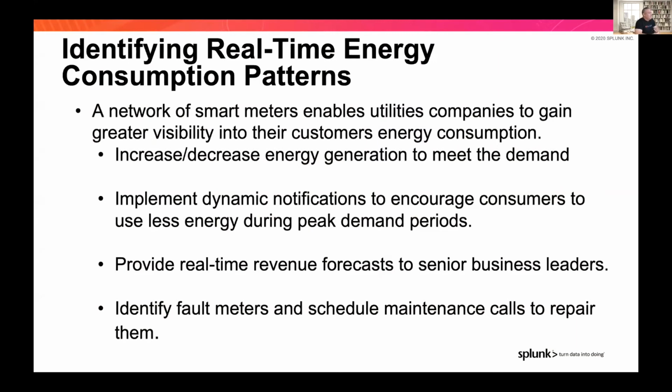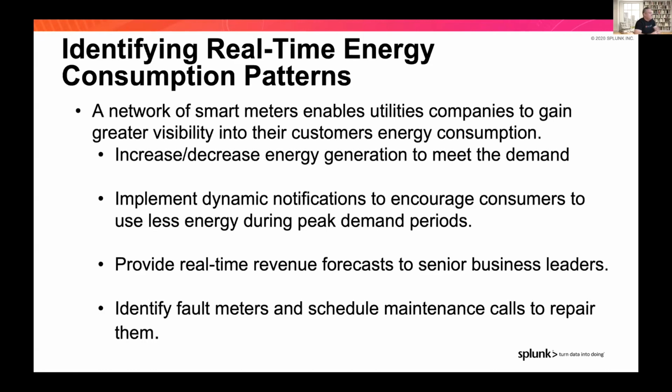There's a network of smart grids that enable utility companies to gain visibility into how their customers are using energy in real time, right? You want to increase and decrease energy generation to meet the demand in real time. If you overproduce energy and it doesn't get consumed, that ends up being a lost cost. If you produce too little, you might have some sort of rolling brownout. So you want to adjust it, get it just right.